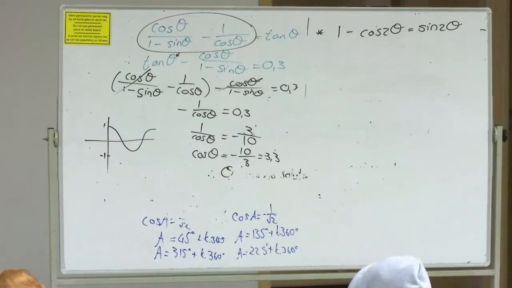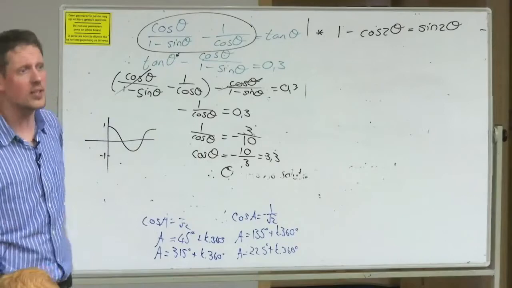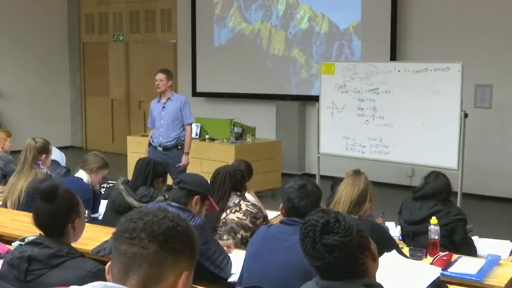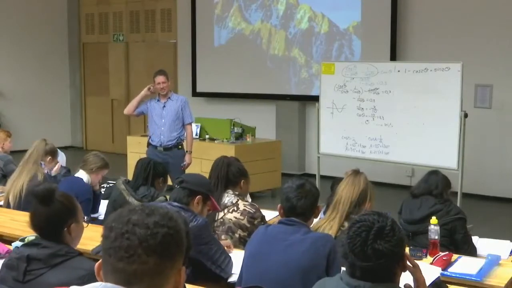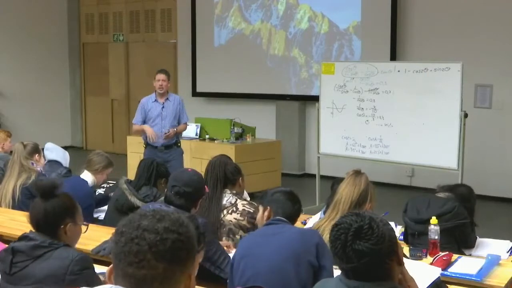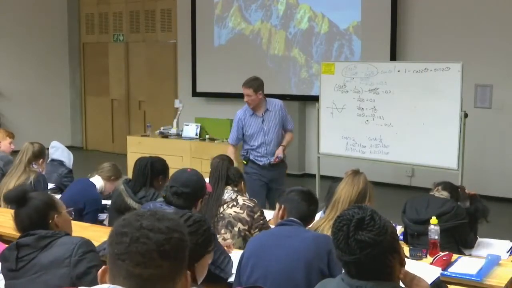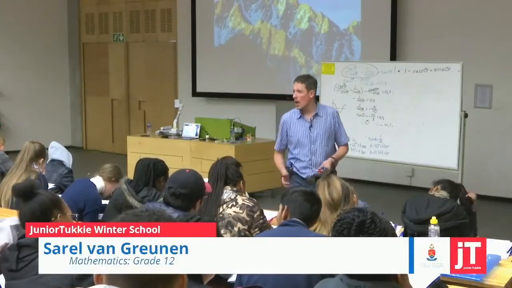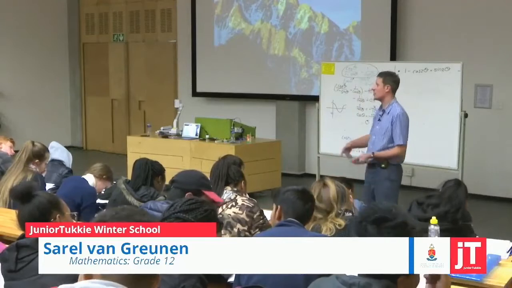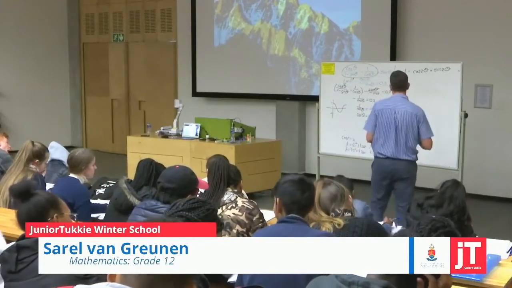In other words, the moment I see a 1, I make it sine squared plus cos squared. Please don't do that. You're making the sum much bigger than it ought to be. It's not that you won't get to the right answer, but you're going to Cape Town via Durban. And the problem is sometimes you might get lost along the way and you never get to Cape Town at all.